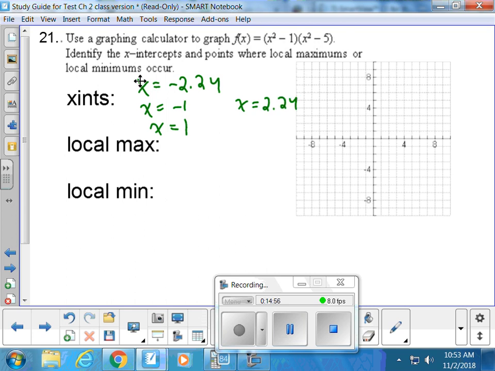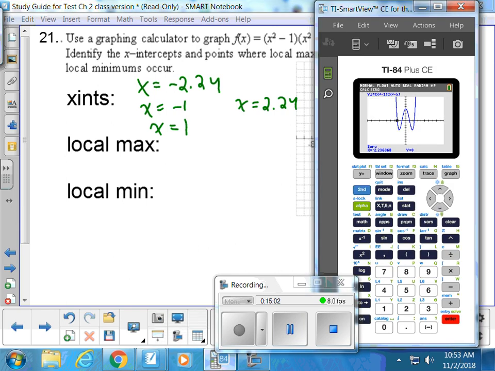You're kind of lucky that they're reflection images of each other. So once you have two of them, you can kind of reflect them to check things. Let's find the local max together, though. For maximums, you got to do second trace and hit number 4. If I try to find this maximum, this little baby mount piece, what would a good left bound be? -1 works for me.